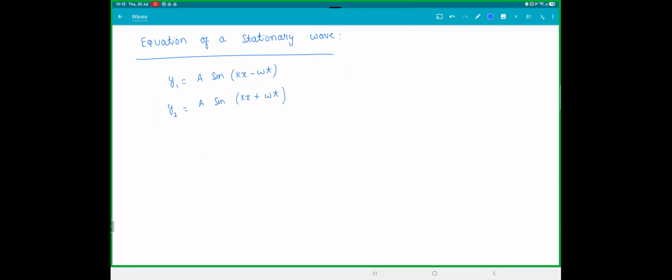When you add these two, y resultant, remember the principle of superposition, you can just directly add them, y1 plus y2. It is looking like sin A plus sin B, and this comes out to be 2a sin kx cos ωt, using sin A plus sin B equals 2 sin((A+B)/2) cos((A-B)/2). This is your y resultant.